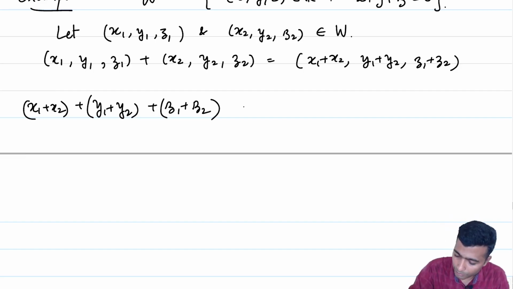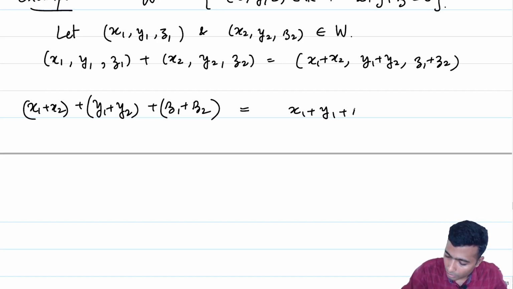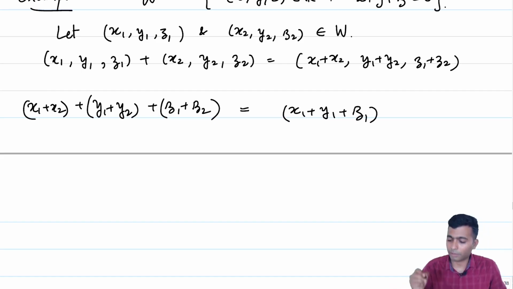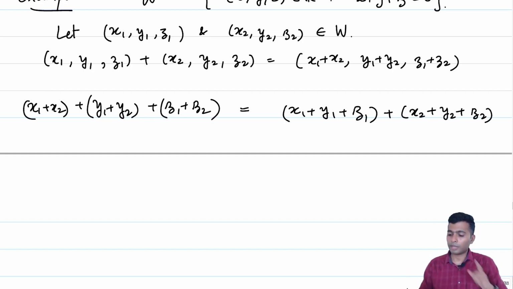I will leave you to check that after commuting and re-bracketing the terms, we get x1 plus y1 plus z1 plus x2 plus y2 plus z2. I am sorry, these are not variables, they are coordinates.